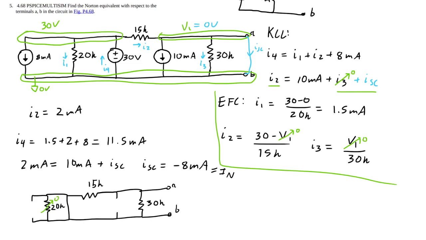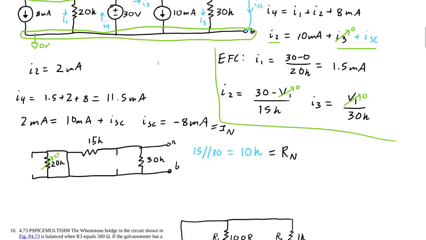So right away, this is shorted. There's no voltage across it, so we just have 15 in parallel with 30K. I believe it's 10K. Let's do it real quick: 1 over 15,000 plus 1 over 30,000. Yep, that's 10K. So that's going to be our Norton resistance.